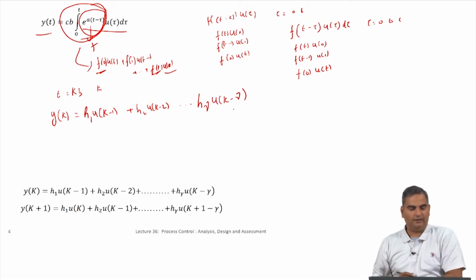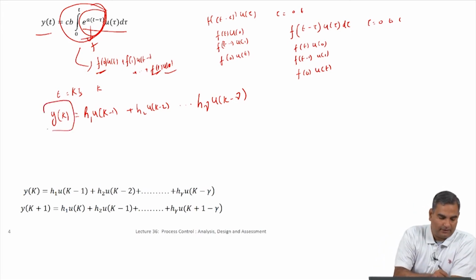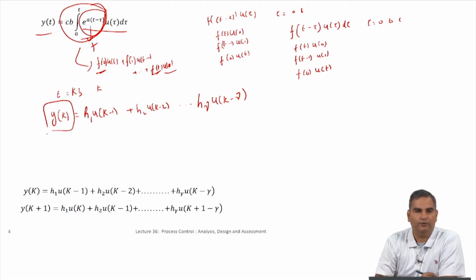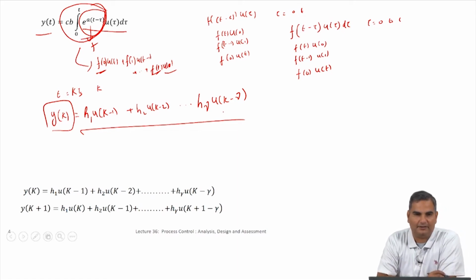What this says is that the current output is a function of all the input moves that have been made in the past. That is number 1 here. All of these are input moves made in the past with respect to k, because this is k minus 1, k minus 2, k minus gamma and so on.